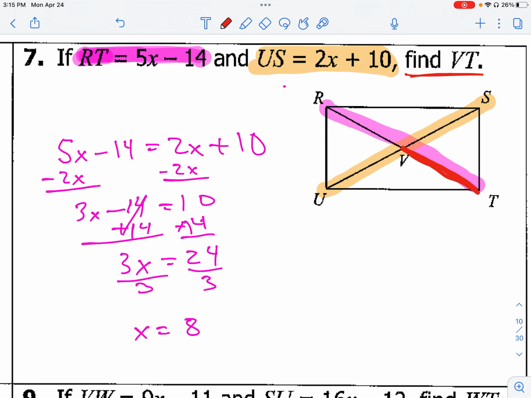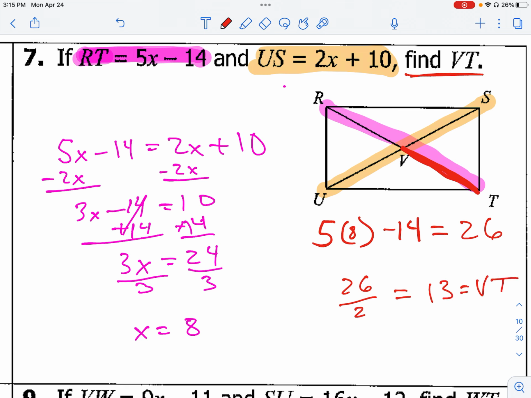So we gotta plug it in, and then take half of that. So we're gonna get 5 times 8, which is 40, minus 14 is 26. Half of 26 equals 13. So VT equals 13.